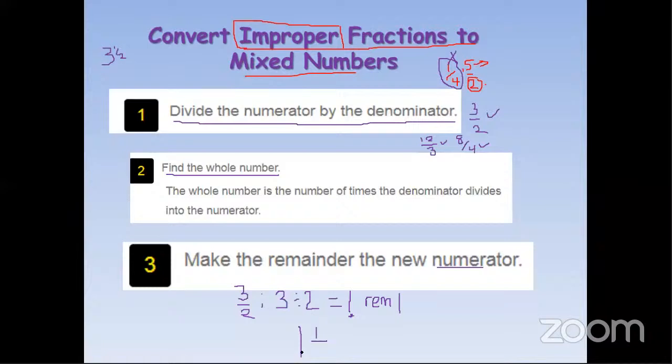Now the denominator remains the same; it does not change. So this will be our answer, and we say that 3 out of 2 is the same as one whole number, 1 out of 2. So that's how we do our conversion.